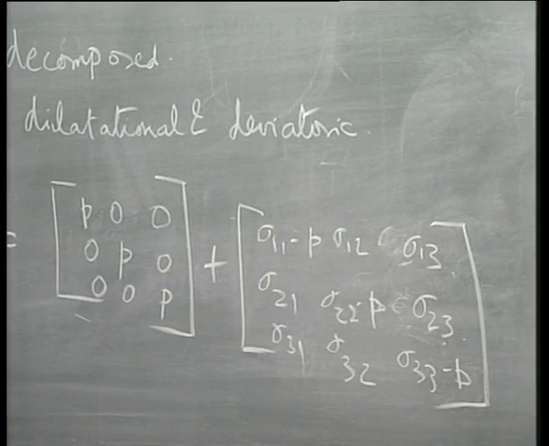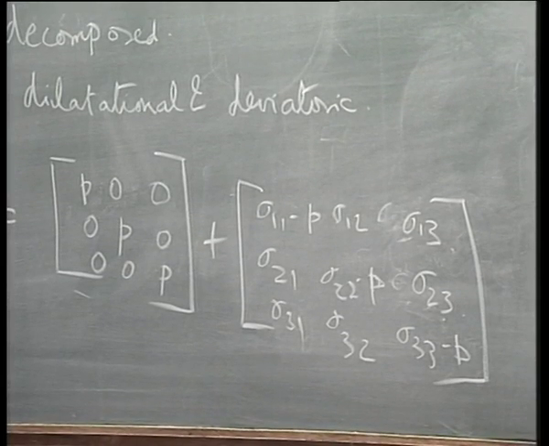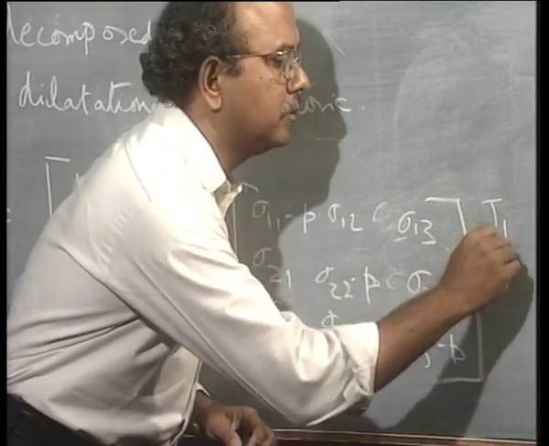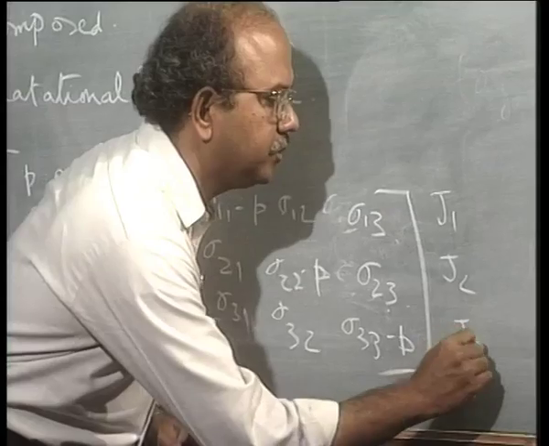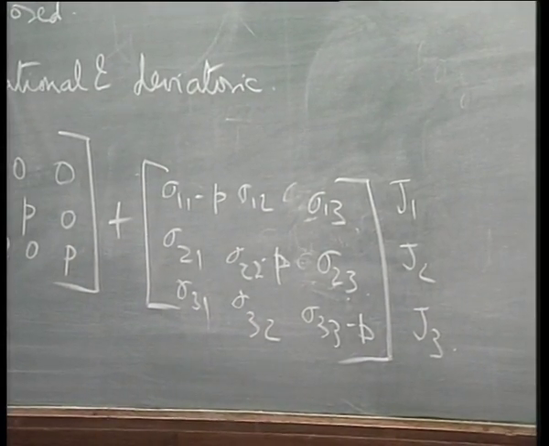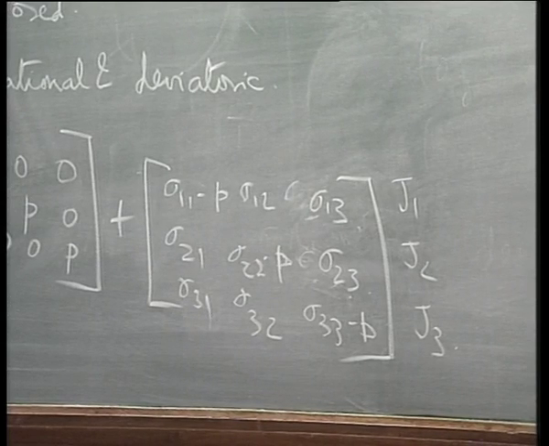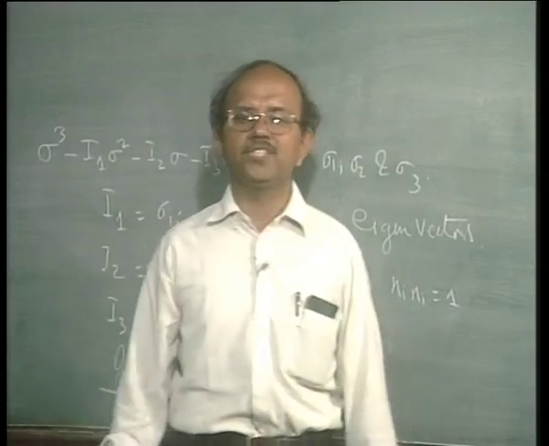Now, he looked at this tensor, this is a tensor again, and said that this should have 3 invariants. We call these invariants J1, J2 and J3. What is J1?